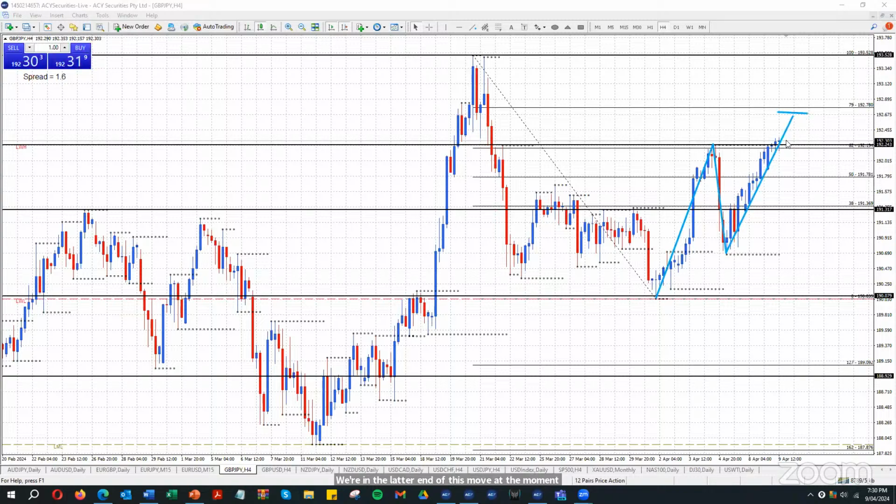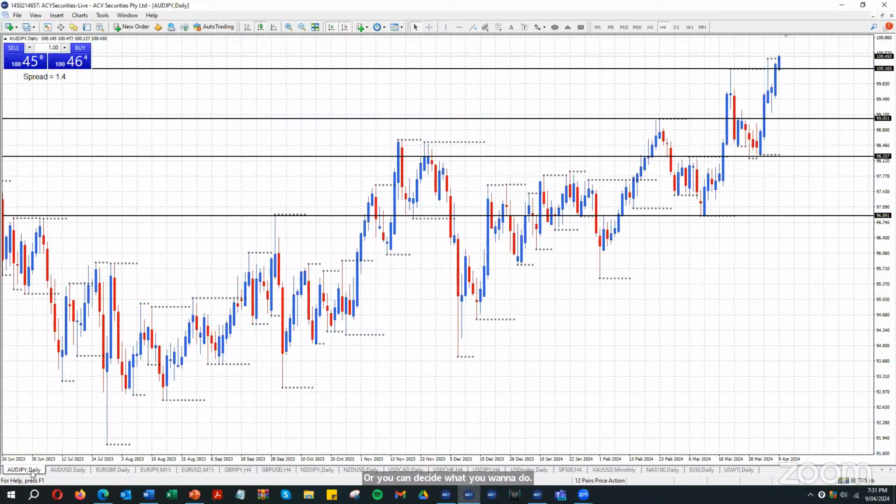There's only maybe this portion left. If you were getting long in here, you had that whole portion to potentially take as your reward to risk. So it's not a great risk reward at the moment if we are continuing up. But you can decide what you want to do.